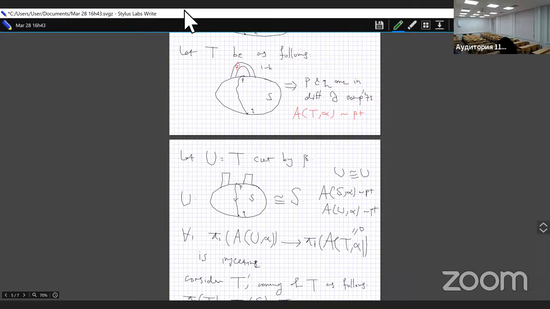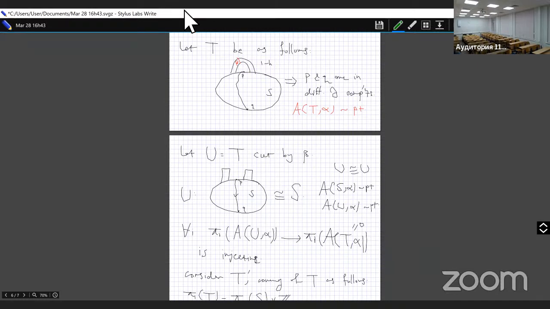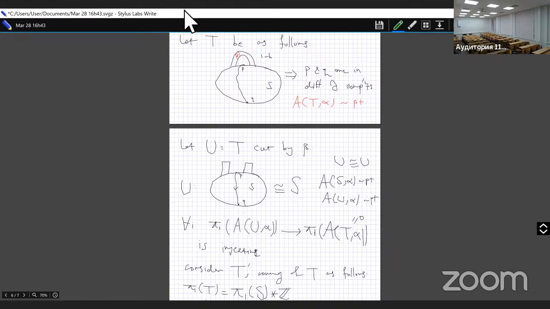So once again, we consider paths in which surface? Maybe I'm mistaken, but I guess in T, every path here, every path here, is homotopic to alpha.